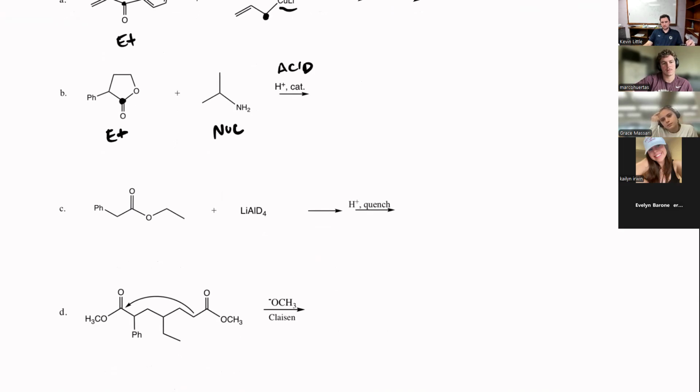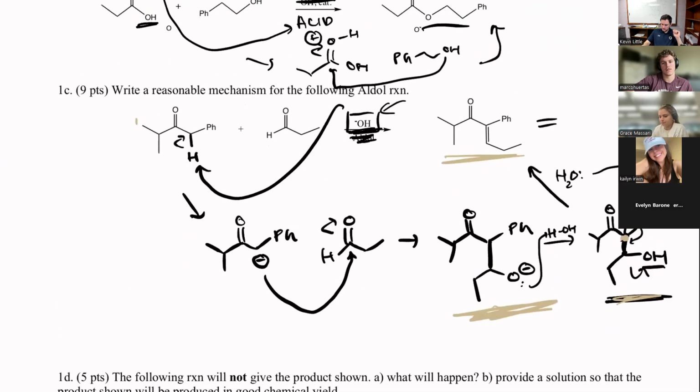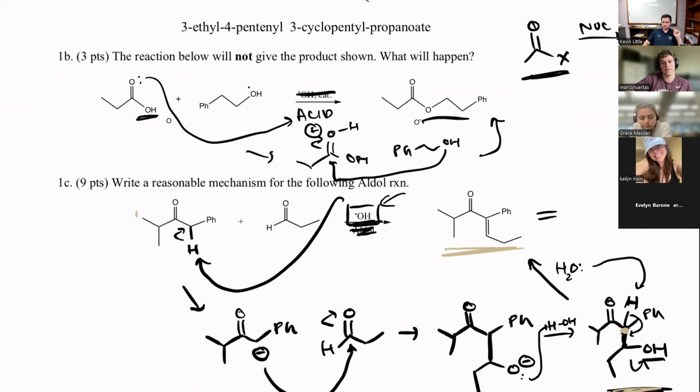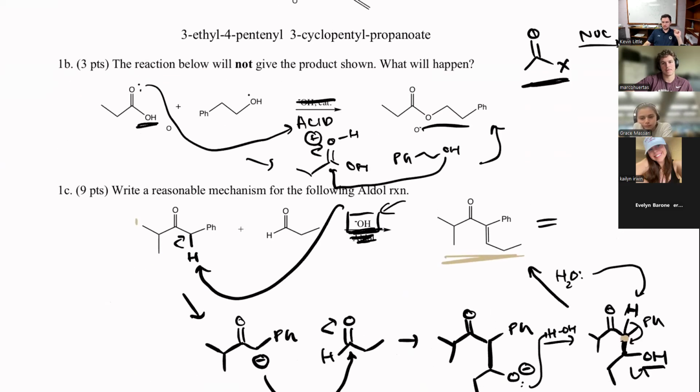Question one, does it have a heteroatom coming off of it? Does my carbonyl have a heteroatom coming off of it? Yeah, oxygen. Right. Remember we said if there's a heteroatom coming off our carbonyl, we're going to replace it. We're going to substitute it with a nucleophile.